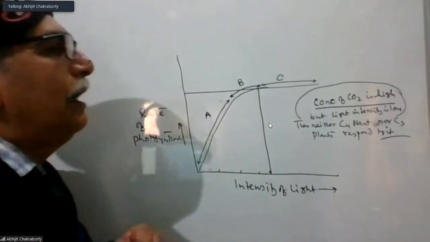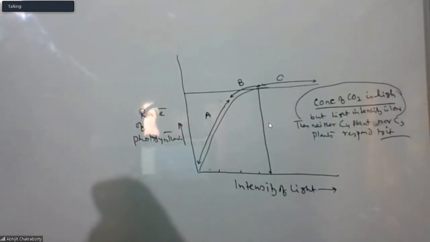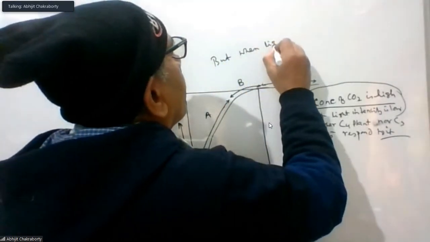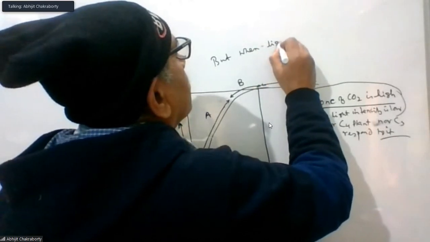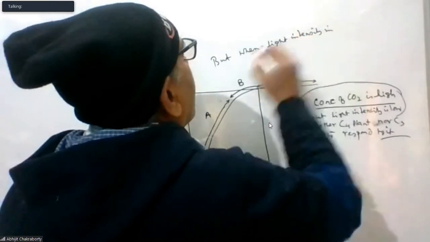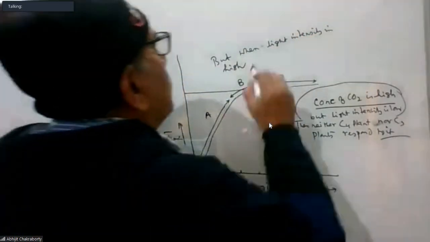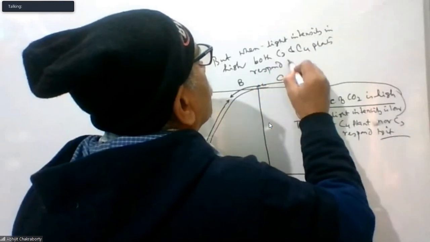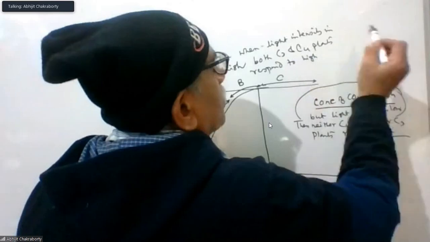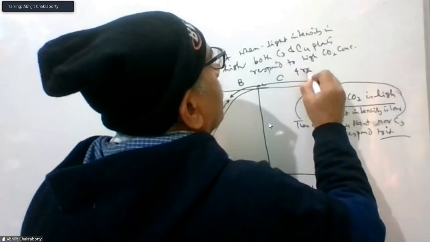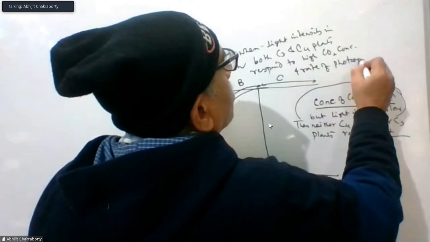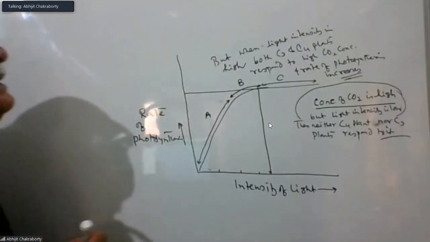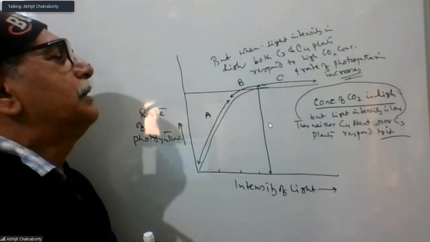But when light intensity is high, both C3 and C4 plants respond to high CO2 concentration and the rate of photosynthesis increases.